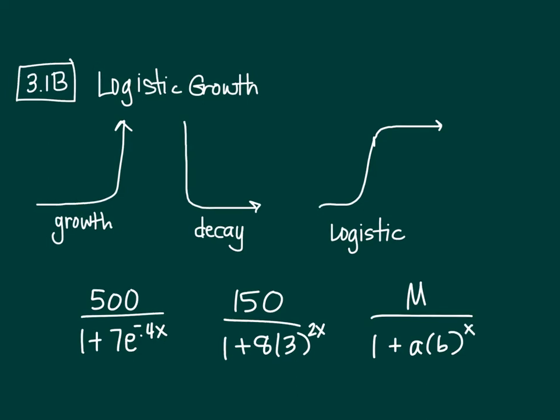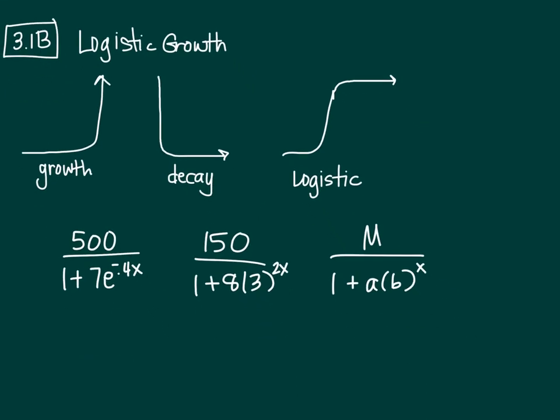And the letter M is an important number. This letter M stands for max. It tells you the level where it's going to level off. So if I ask what the maximum is going to be, you should be able to just look at the numerator and tell me what the maximum value is going to be.